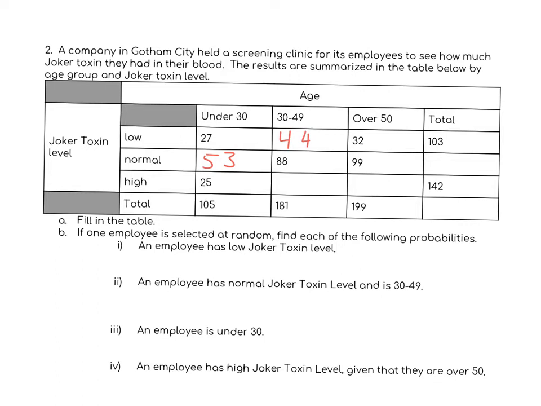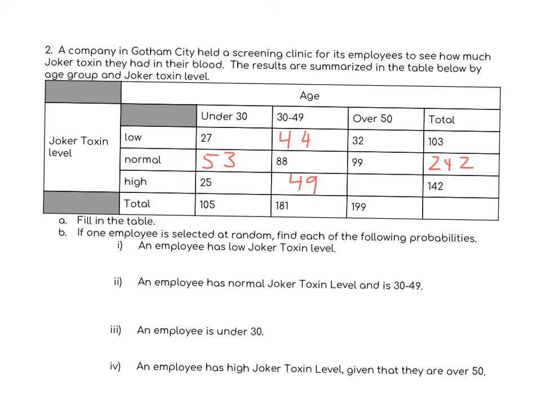Going across, we've got 55 plus 88 plus 99, 242. And then going down, we've got 181 minus 88 minus 44 is going to be 49.